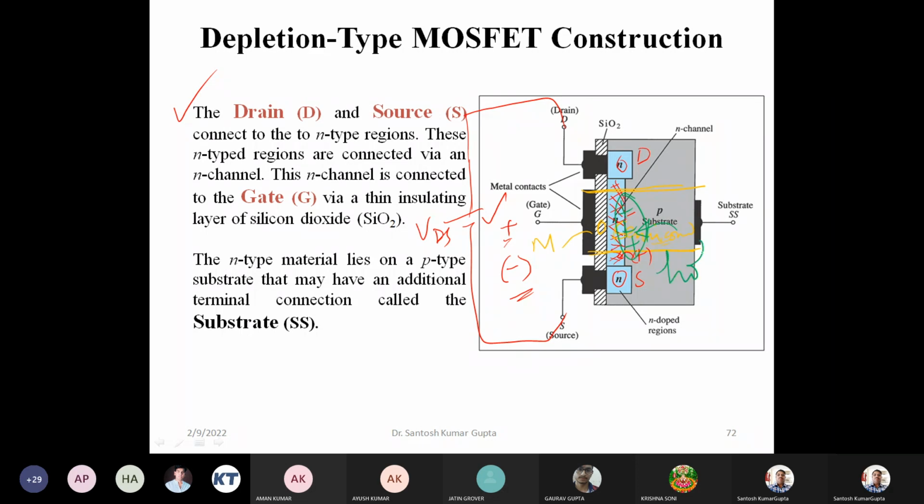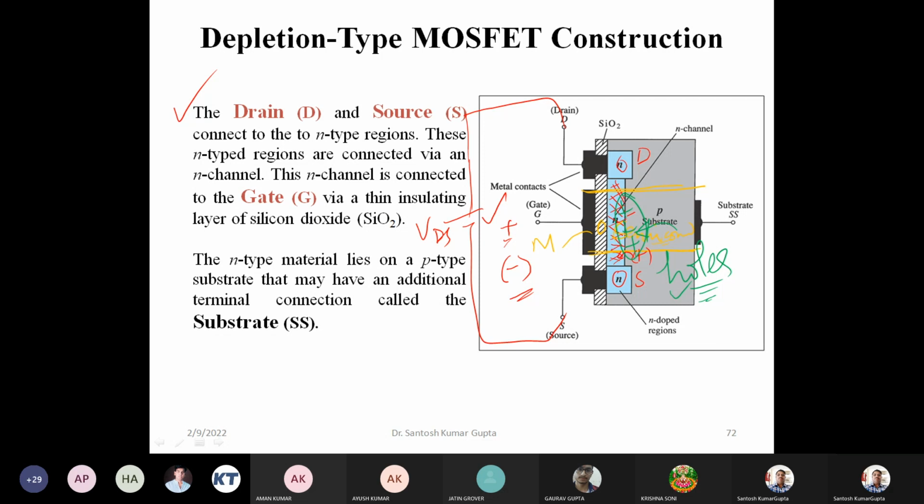So holes are coming from the substrate, and in the channel a large amount of electrons are there. A few of these electrons are going to recombine with the holes. So in the process the electrons in the channel will be lesser, because a few electrons recombine with the holes. So the channel strength will decrease, meaning the carriers present in the channel are going to decrease. So that will decrease the current.